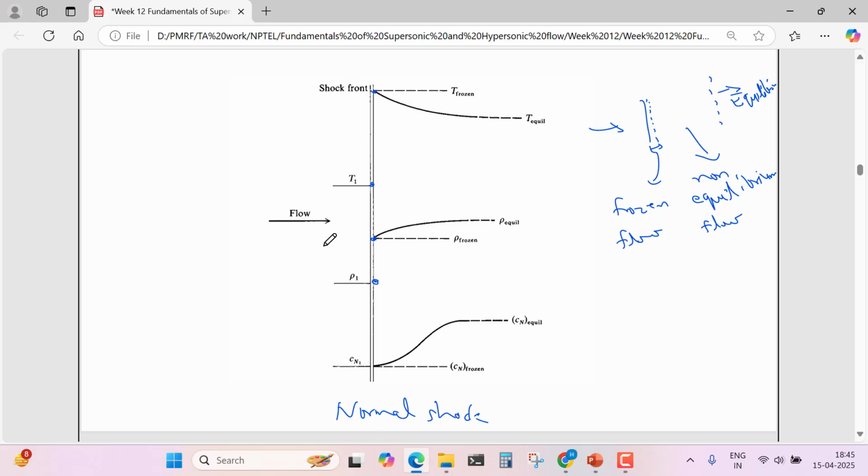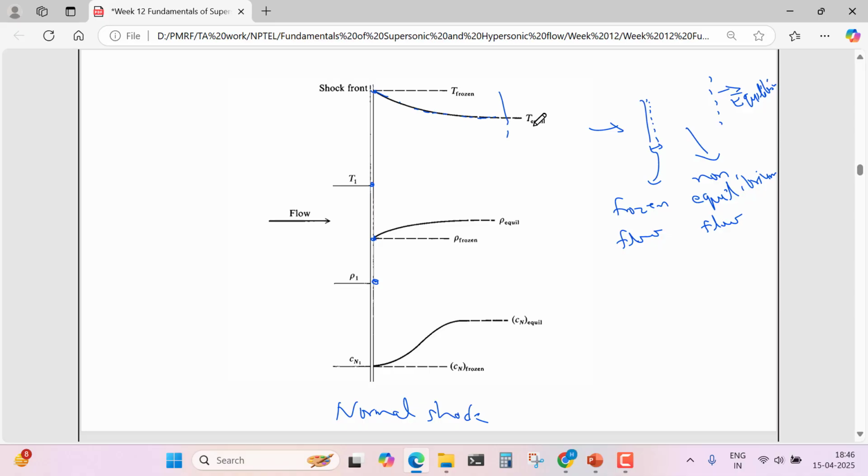Due to the dissociation of the gases, some of the translational energy will be consumed. As temperature is mainly gained by translational energy, the temperature of the gas reduces. So inside the non-equilibrium region, the temperature of the gas will reduce till we attain equilibrium.